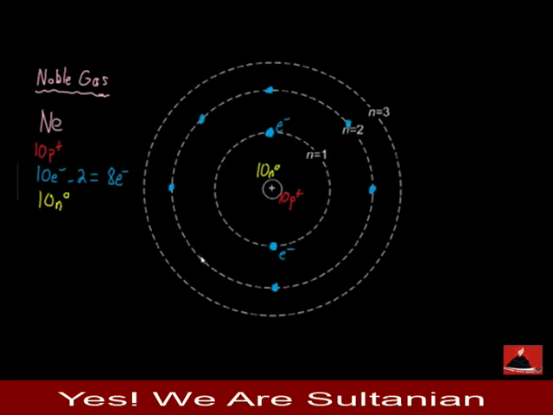8 electrons in the outermost shell is very suited for just about every element on the periodic table, because 8 electrons fills its octet.